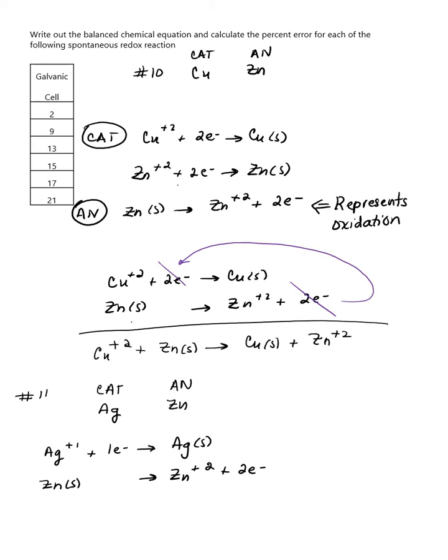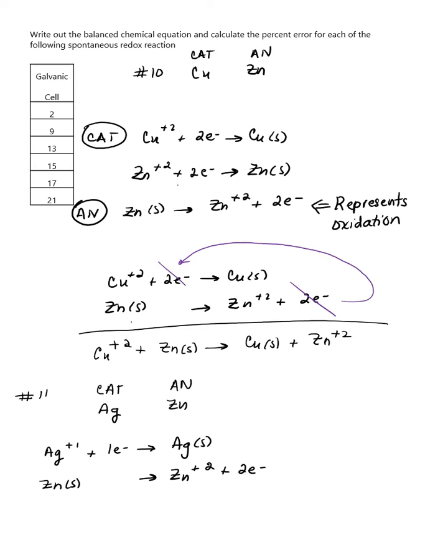Zinc solid going to zinc plus 2 electrons. Now, a difference between these two reactions and the previous two is that the number of electrons is not the same. You have silver with a charge of plus 1 gaining 1 electron to give you silver solid. And for zinc, you have 2 electrons. So we have to balance the number of electrons.